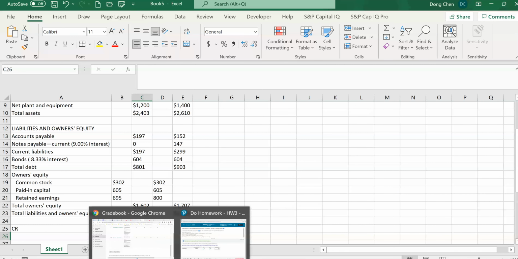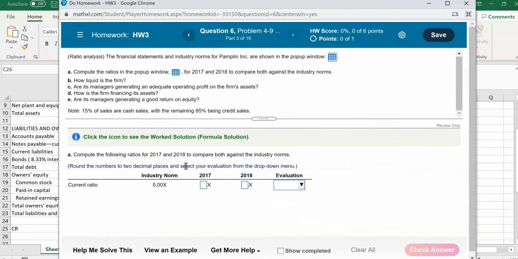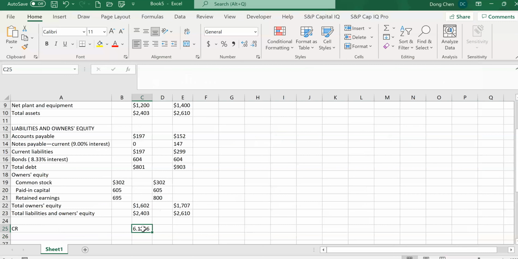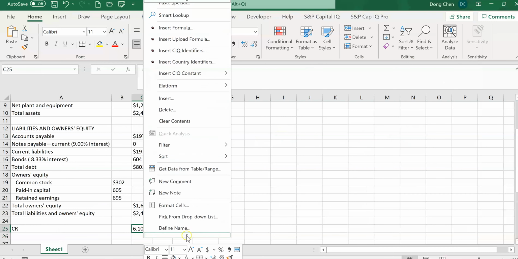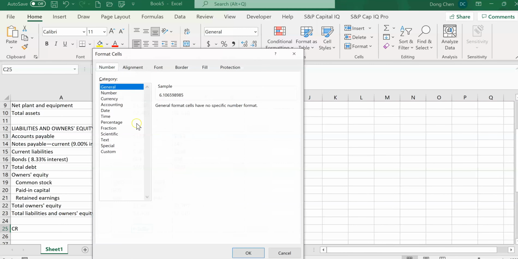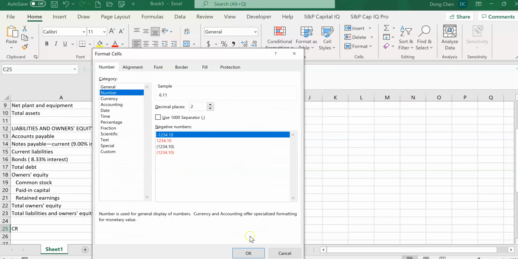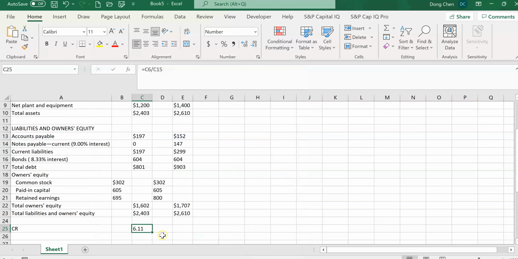So let's follow the rounding requirement, which is to round to 2 decimal places. So let me change the format cell, and then choose number, and then keep 2 decimal places. And now I can drag the cell to the other year. So I will just delete this empty cell here. And so this is automatically calculated for the other year.